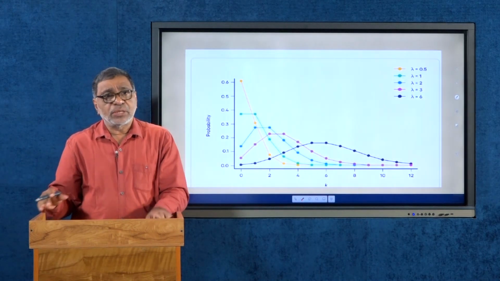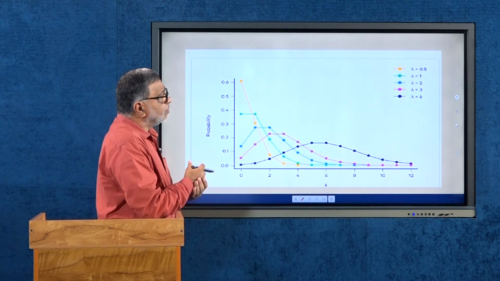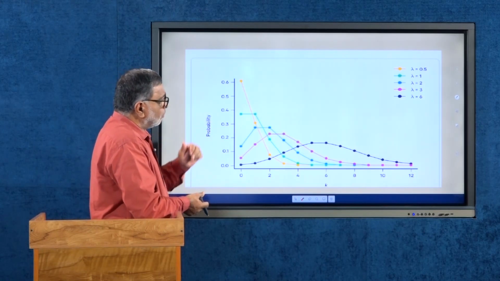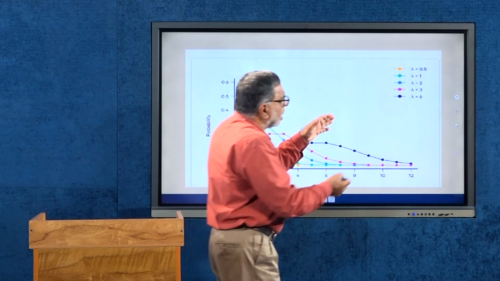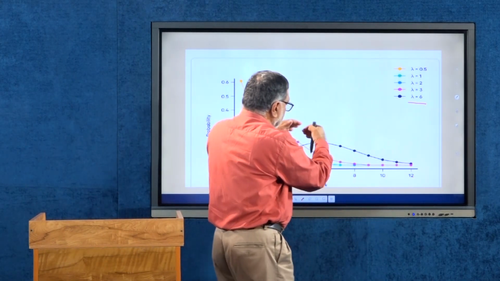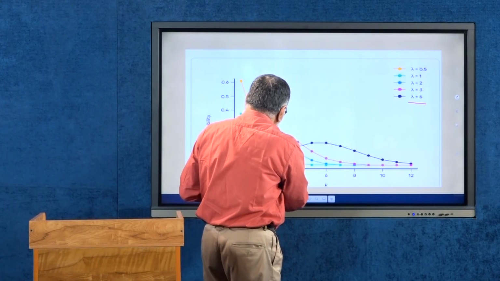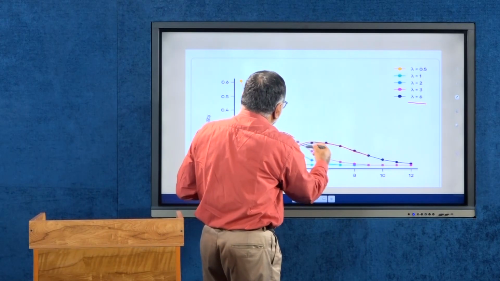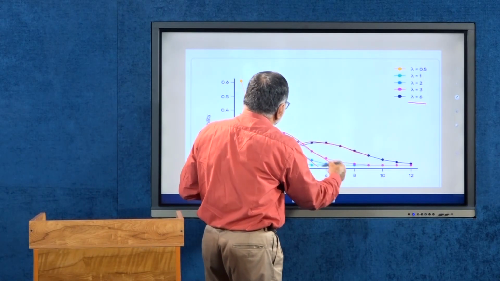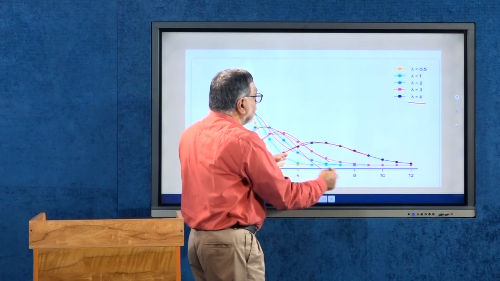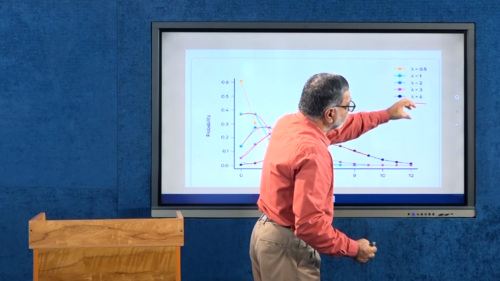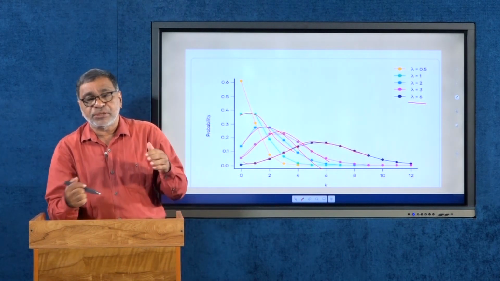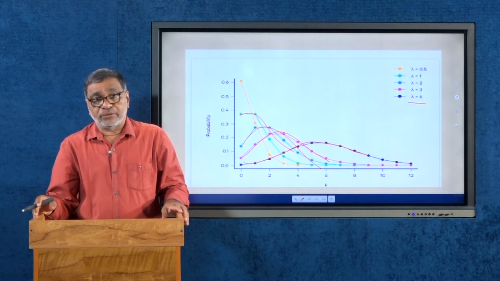And here you can see the same graph I mentioned in the case of skewness. Here also you just note this graph. When lambda is large, the distribution is approaching mesokurtic. The distributions with smaller lambda are more skewed. Comparing the values, larger values of lambda approach a symmetric, mesokurtic character.